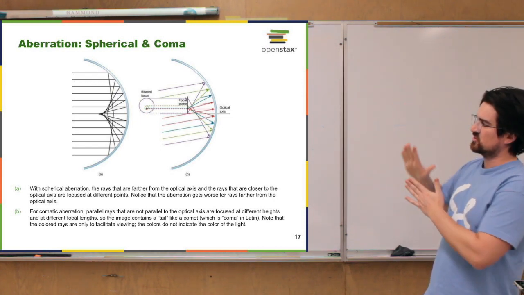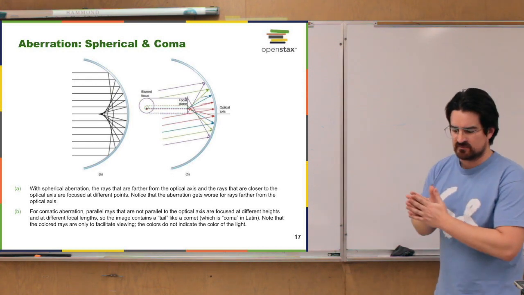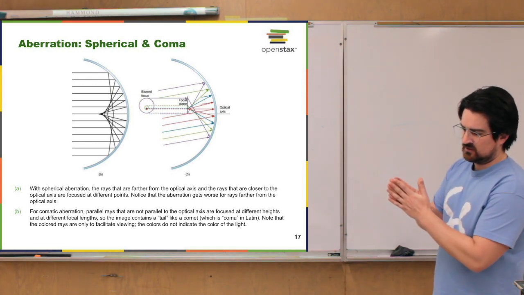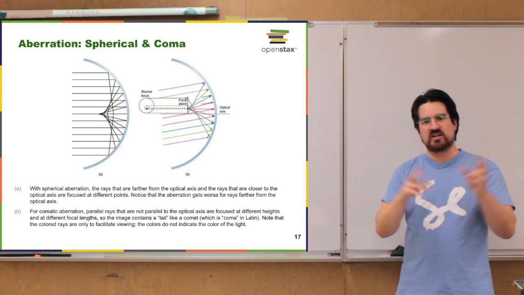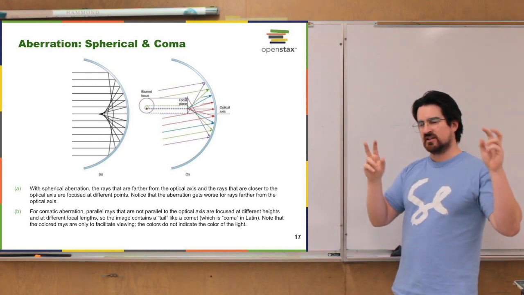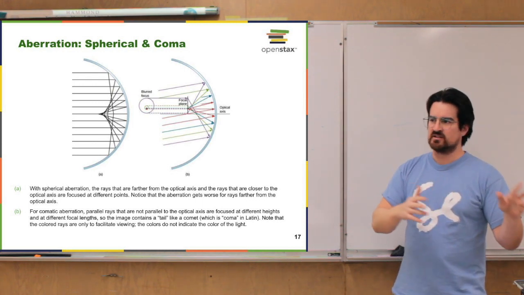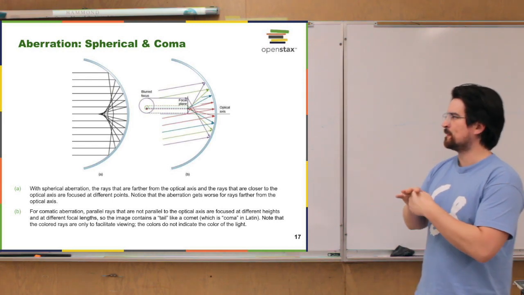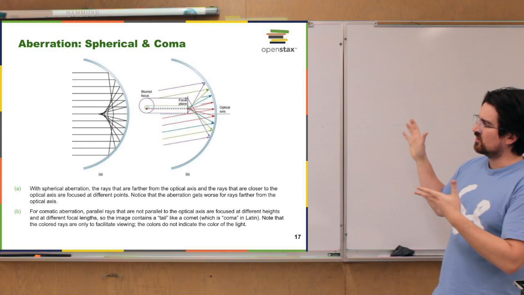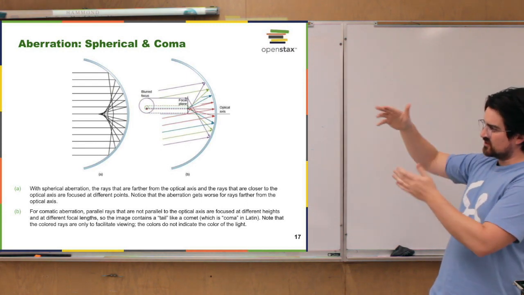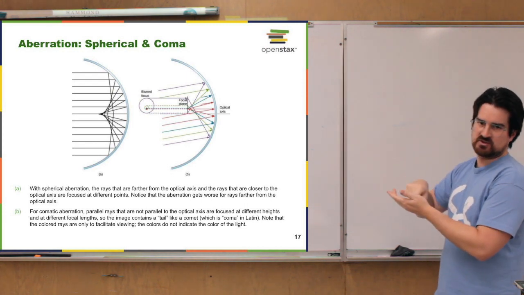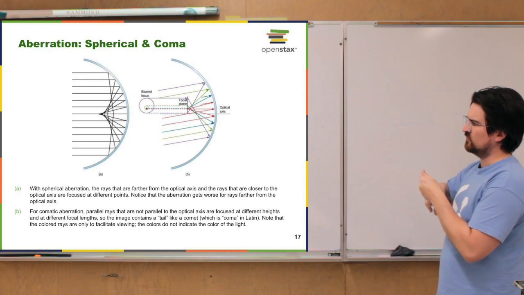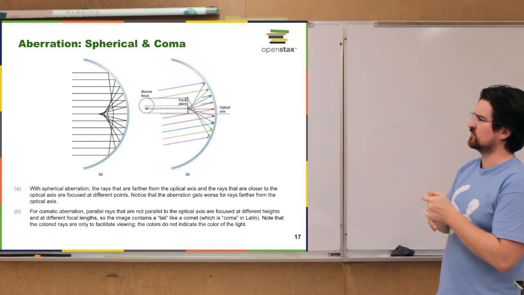Spherical aberrations are essentially when we get far away from talking about small mirrors anymore. Right? All that stuff we talked about before had to do with small mirrors, small relative to the radius of curvature. When the mirror is not small anymore, then these rays that are coming in parallel don't all get focused to the same point, which we showed earlier on when we first introduced those.